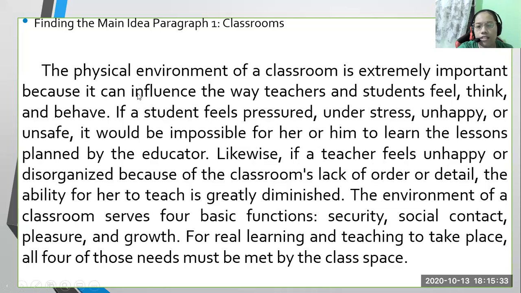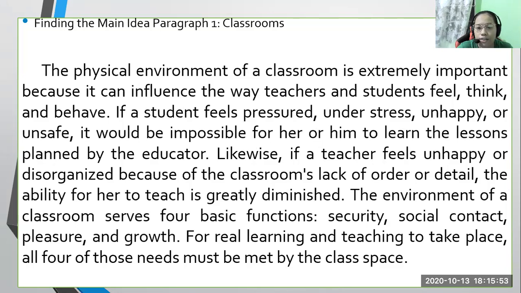The physical environment of a classroom is extremely important because it can influence the way teachers and students feel, think, and behave. If a student feels pressured, under stress, unhappy, or unsafe, it would be impossible for her or him to learn the lessons planned by the educator.